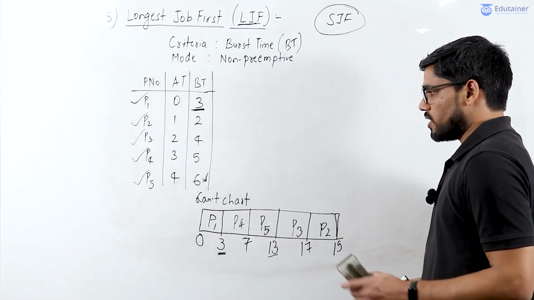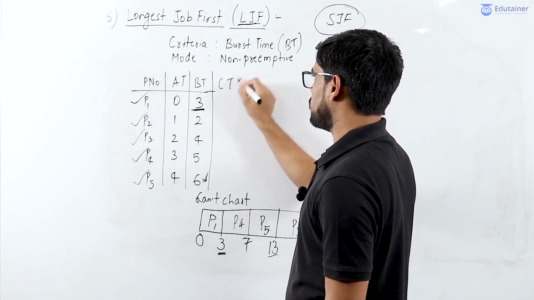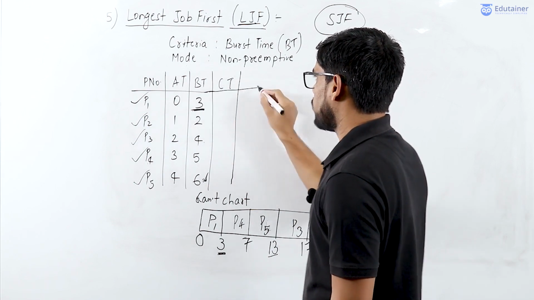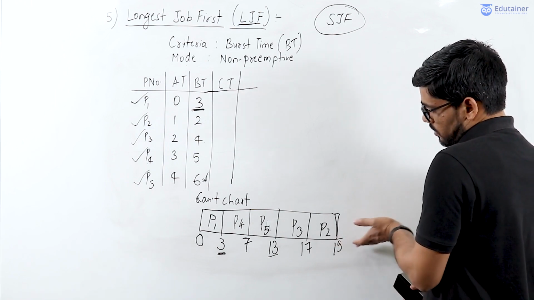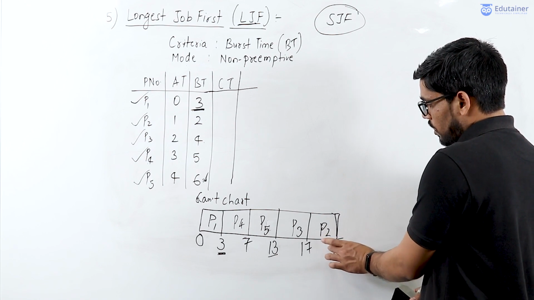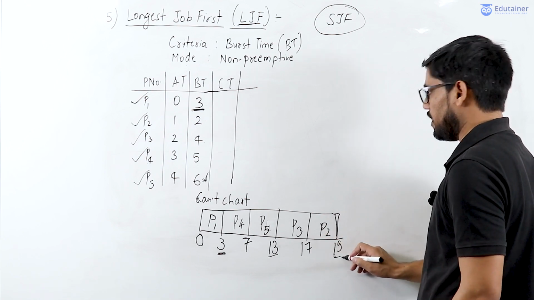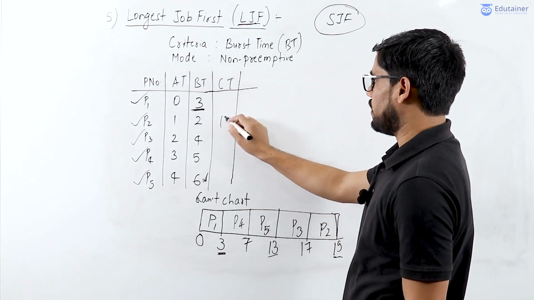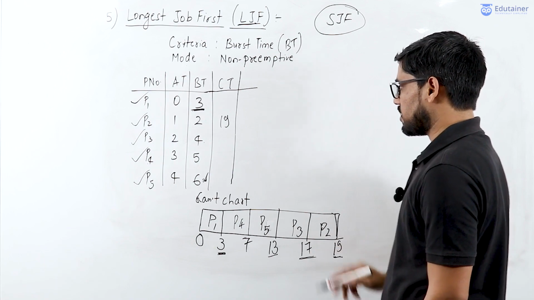After finishing the Gantt chart, let's compute the completion time. You can easily compute the completion time by looking at the Gantt chart itself. Process P2 completed at time 19, so 19 is the completion time of P2. P3 is completed at 17.